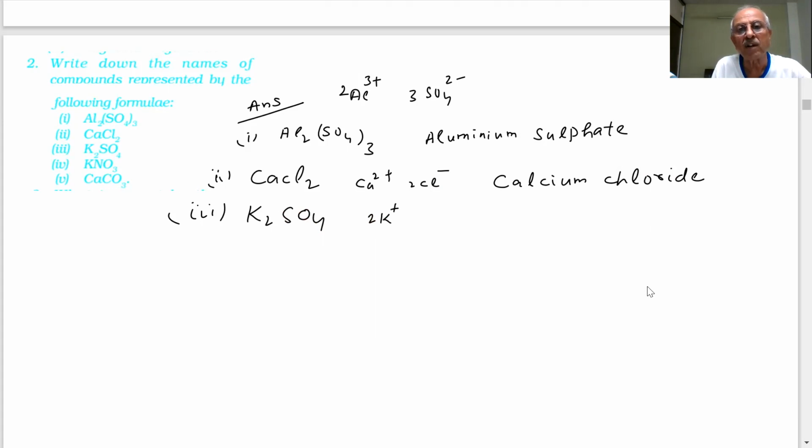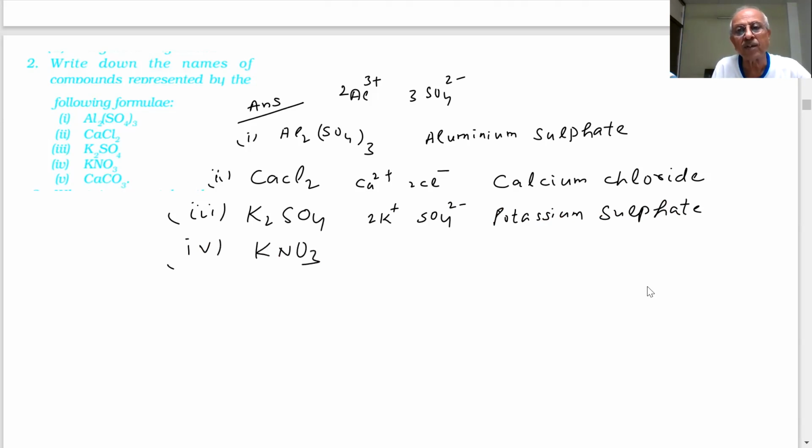The valency of potassium is 1, and the valency of the sulfate ion is 2. What will be the name of this compound? Potassium sulfate. Okay, very good. The next question we are coming to on the screen.